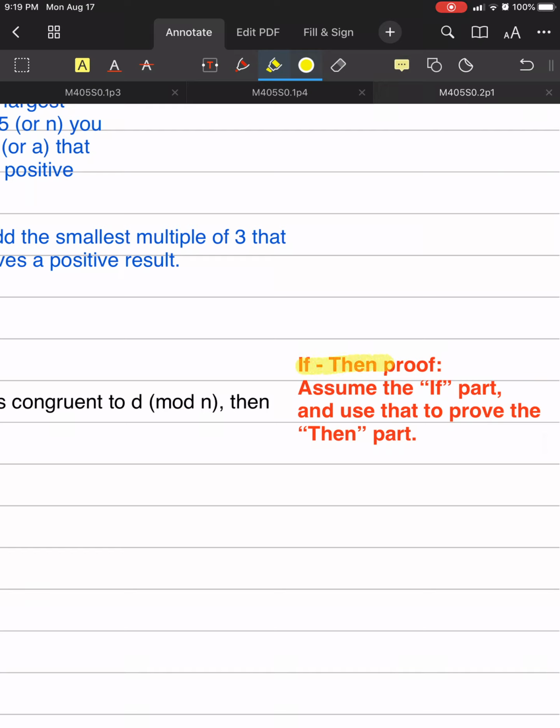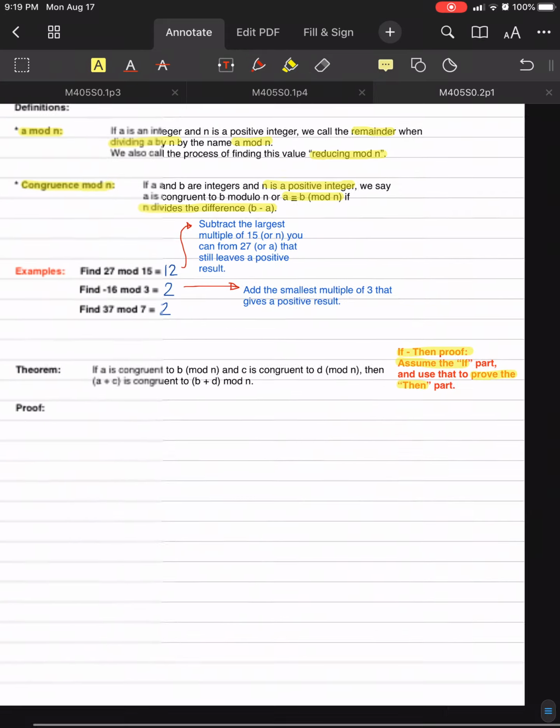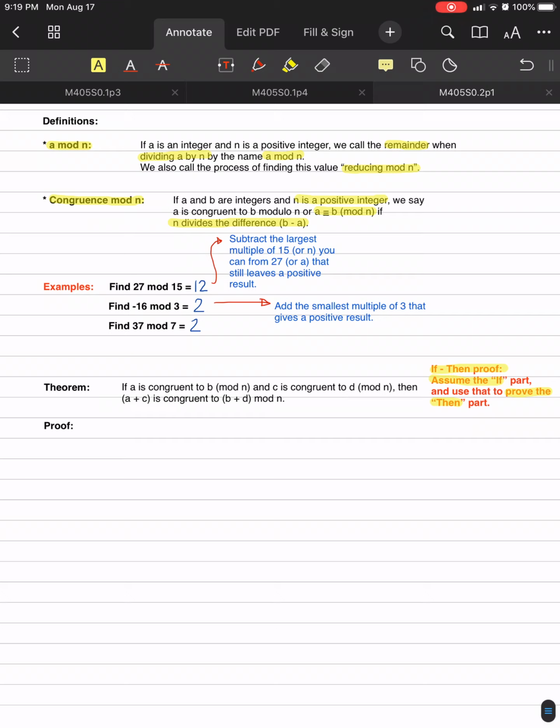For an if-then proof, we assume the if, and then prove the then part. Okay, so that's what we want to do here. So go ahead and pause this, and when you're done, you can come back and we'll show how this is proved.